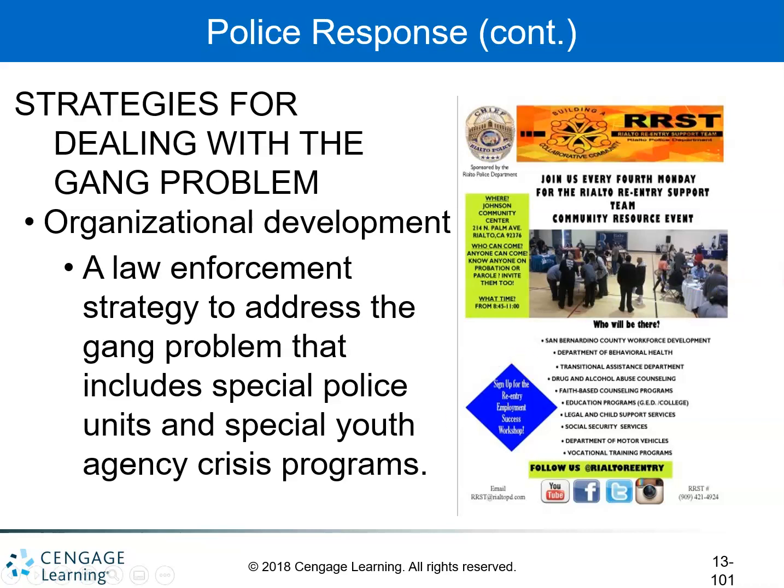So here is a very interesting thing that you're starting to see now in a lot of police departments called the Reentry Support Team. This is RRST, the Rialto Reentry Support Team. What this does is it supports individuals that are coming out of prison to help them get services that they need so they don't just rotate back into prison.